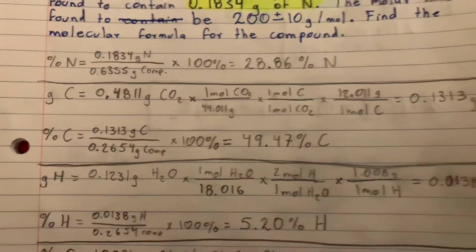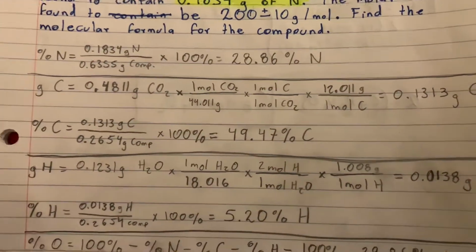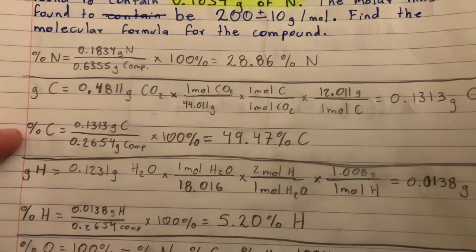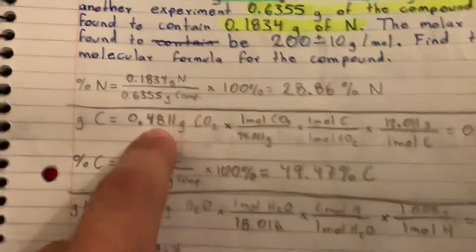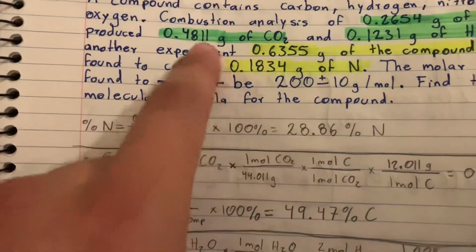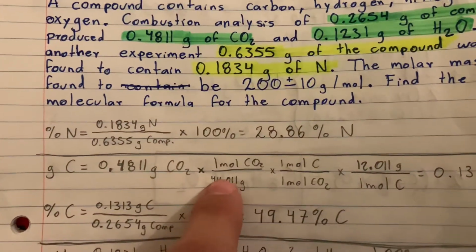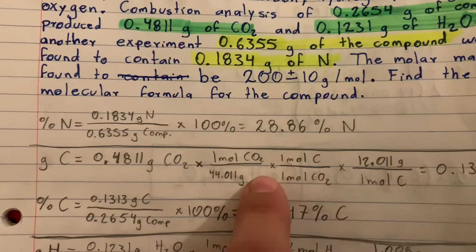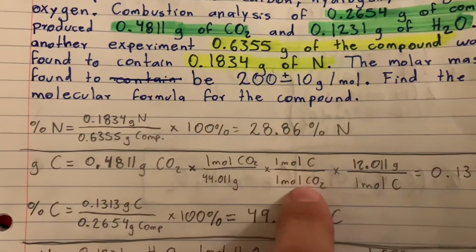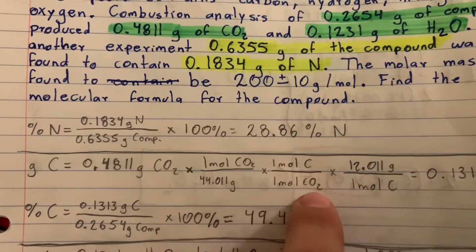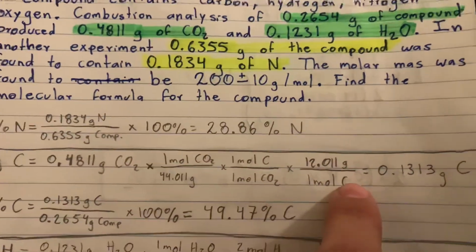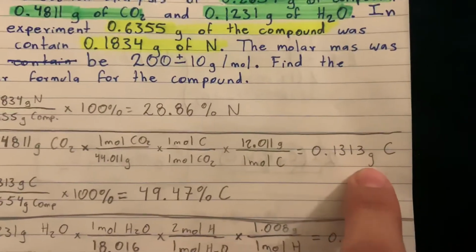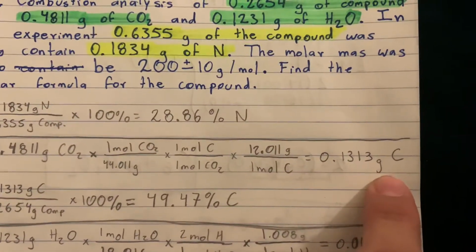Then I wanted to find the percentage of carbon, and to do that, first I found the grams of carbon, which I did this. This one I got from here. Then I found the moles of carbon dioxide. Then I did the mole ratio from carbon to carbon dioxide. Then I multiplied it by the grams of carbon, and I got this many grams of carbon in the first experiment.